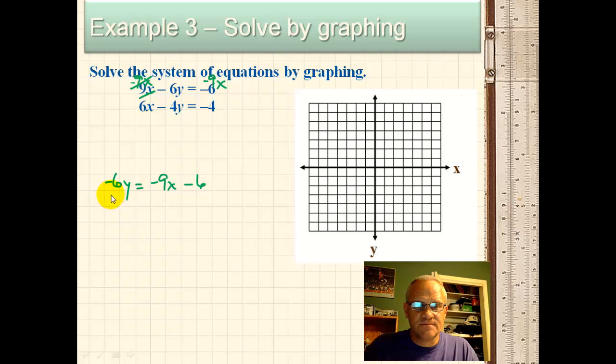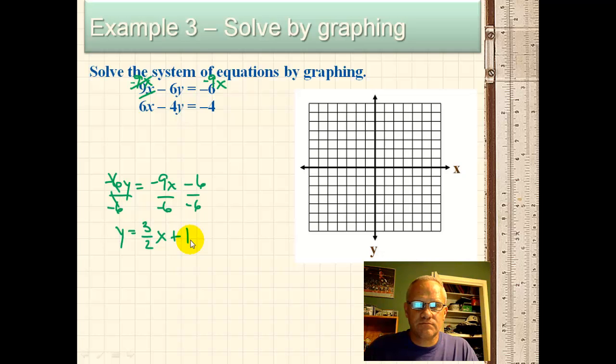Divide by negative 6. And so you end up with y equals negative divided by negative, positive, and 9 over 6 both can be divided by 3, so you're going to have 3 over 2x, and then this is just going to divide out to be plus 1.